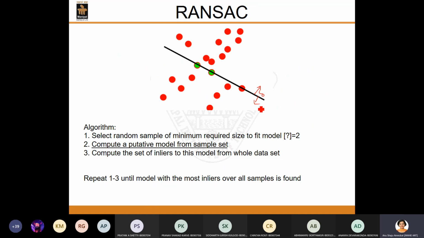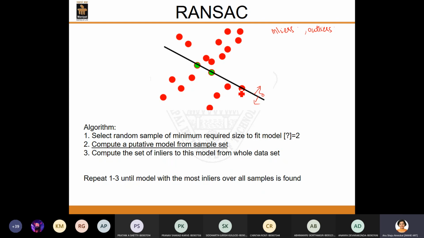Inliers are points which appear to arise from the same distribution. All the points which lie within plus or minus delta of this particular line are called inliers, and all the points which lie outside this thresholded region are called outliers.